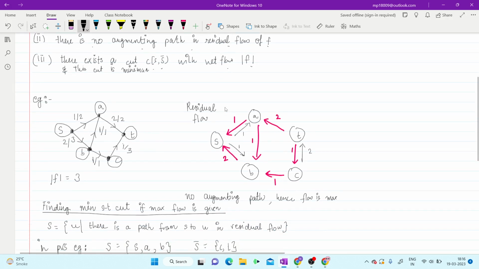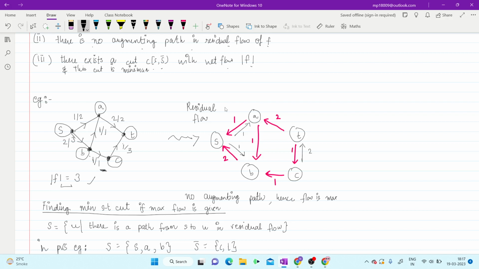So this is our network, and these are the flow values. We see the flow value in this network is 3. The flow value coming out of S is 3, and the flow value coming into T is also 3. Now this is the residual flow diagram for this flow.